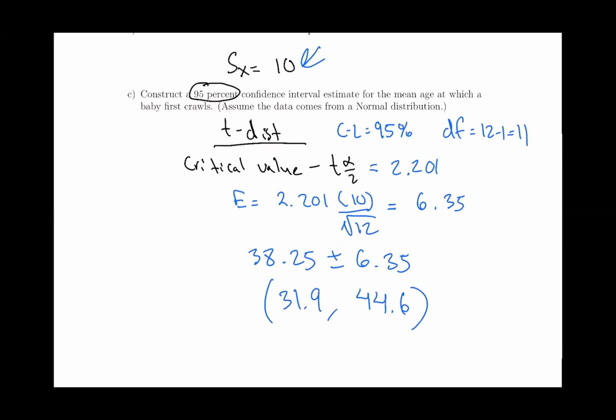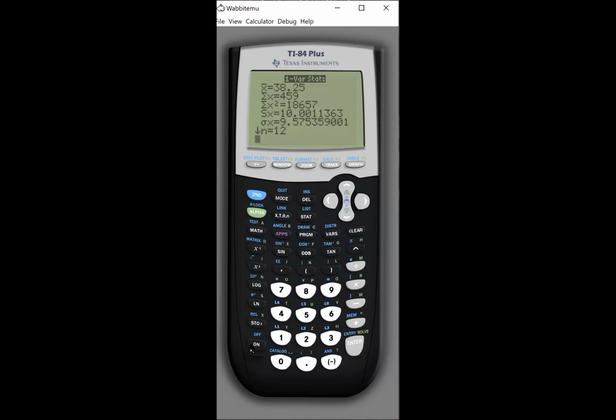But also remember, you could always double check your answer by just using the TI-84. So if we double check using the TI-84, we go to stats, then test, and you want to do the T interval.